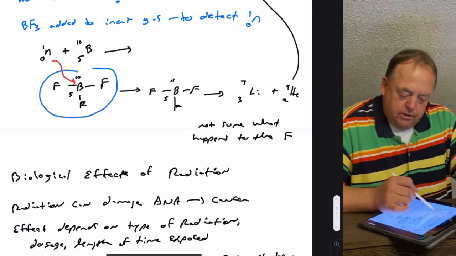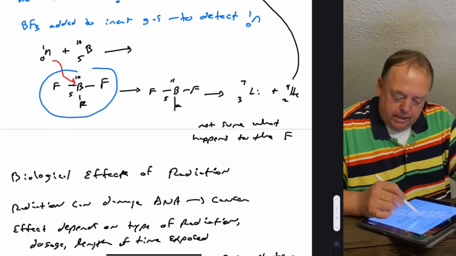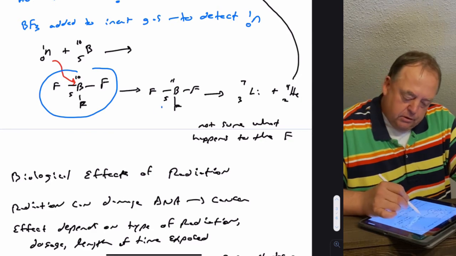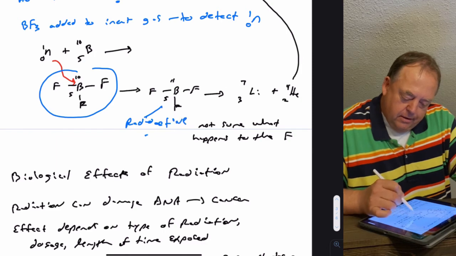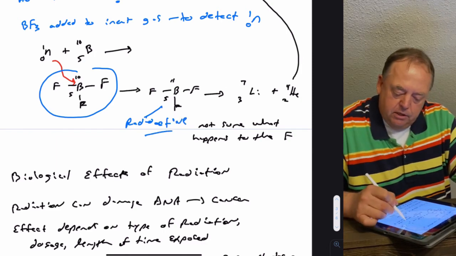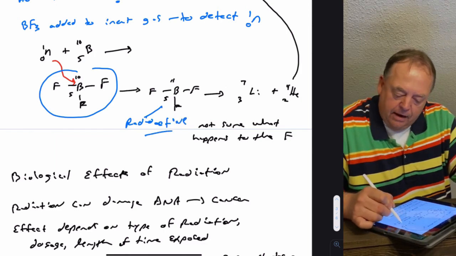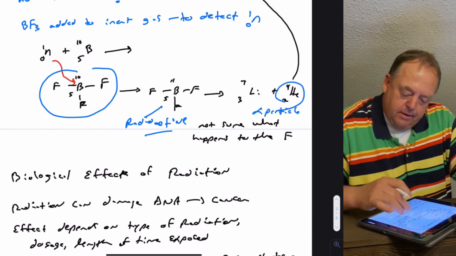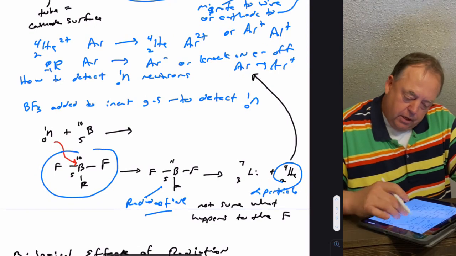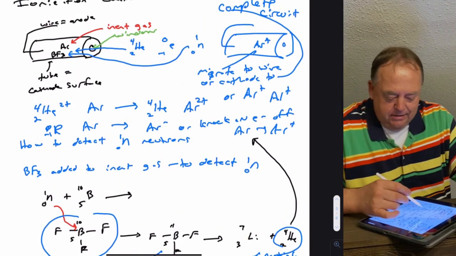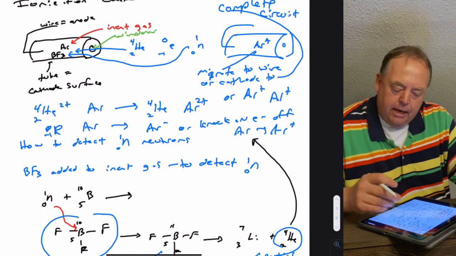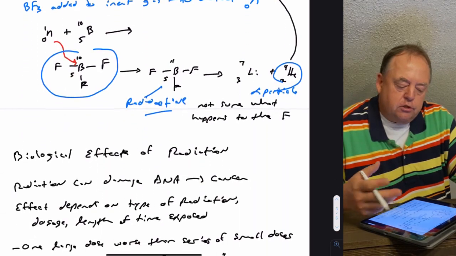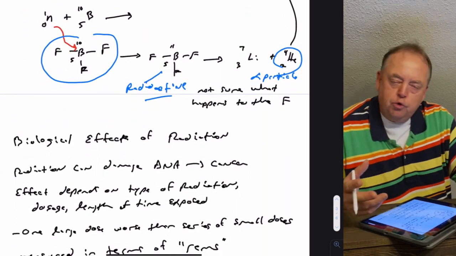So a neutron comes in, hits the boron-10 nucleus, and that would create a boron-11 nucleus, which is radioactive. And it would undergo nuclear decay to give a lithium-7 and an alpha particle. And then that alpha particle can basically ionize the argon or whatever the inert gas is. And so now you have an electrical signal if a neutron came in as well.